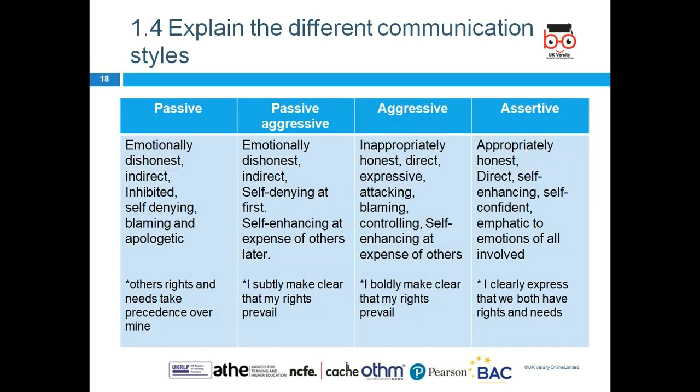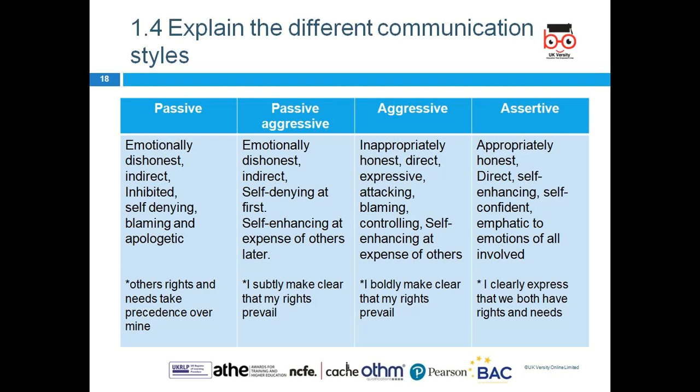They self-deny. They blame. And then they can be quite apologetic. What they think is that other people's rights take over their needs, that everybody else has got a better right than they have. So Victoria and Zanique's rights, that is what a passive person would say.